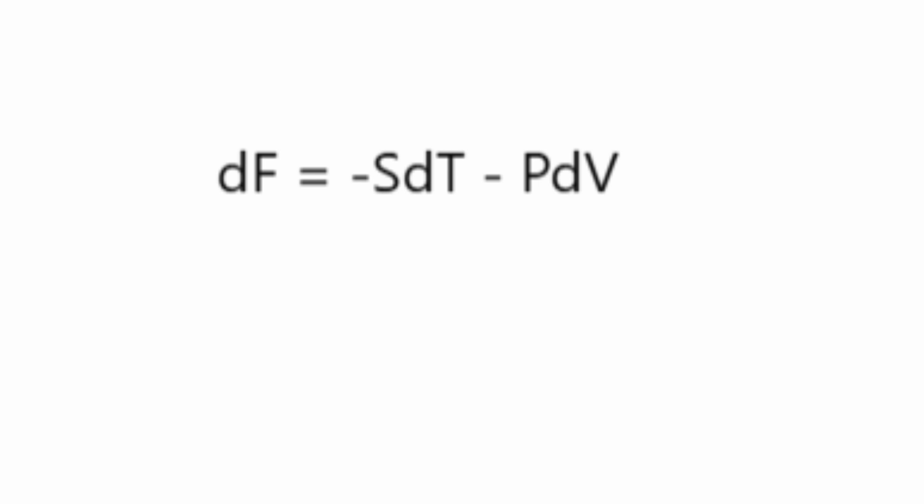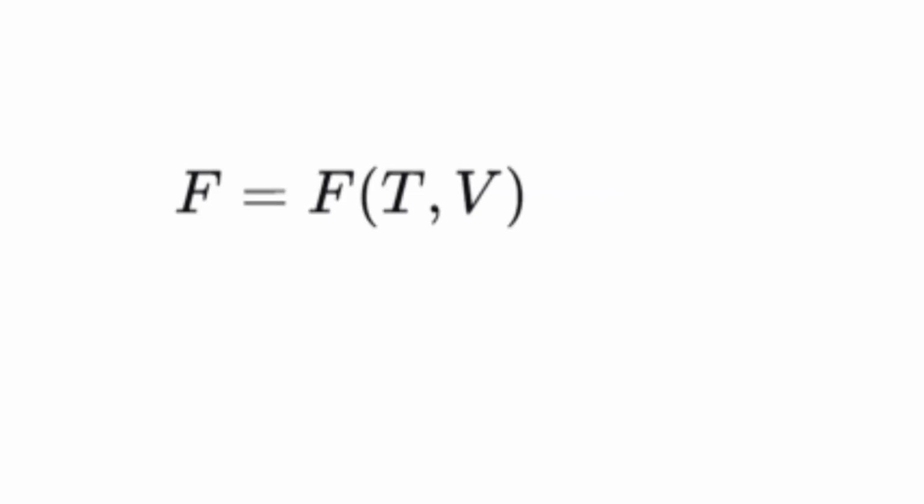This is the fundamental differential equation for Helmholtz free energy. Notice that the differential form contains dT and dV. Therefore, the natural variables for Helmholtz free energy are temperature and volume. So we write F as a function of T and V.